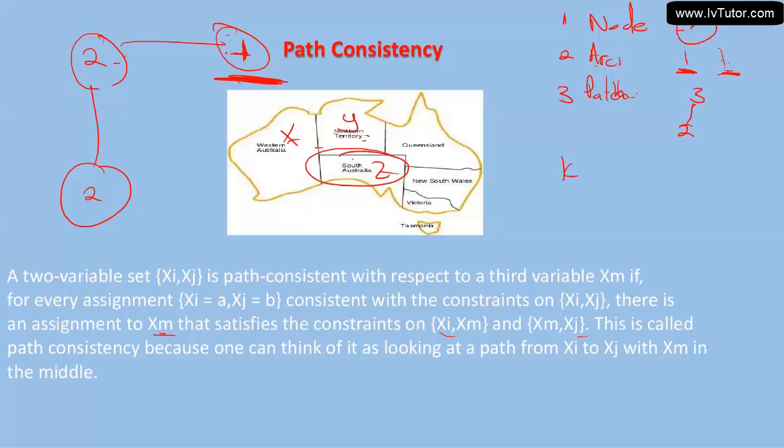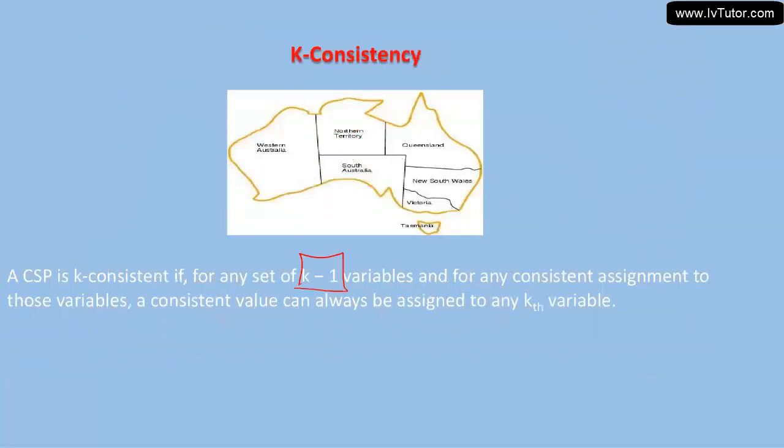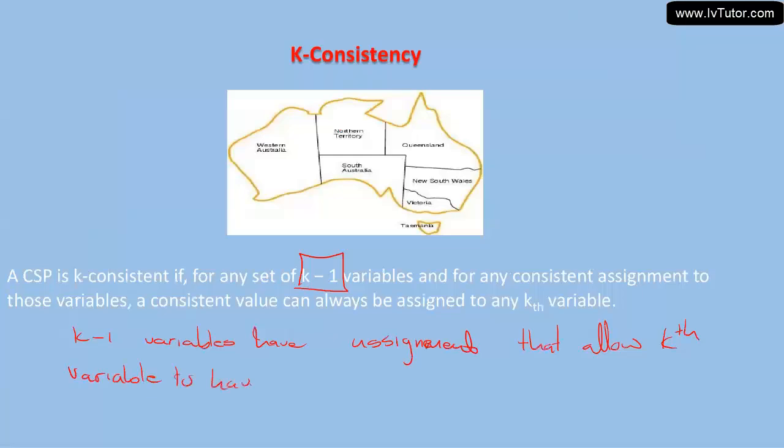So K consistent, we're saying you have K minus 1 variables that have assignments. Let me write it here.